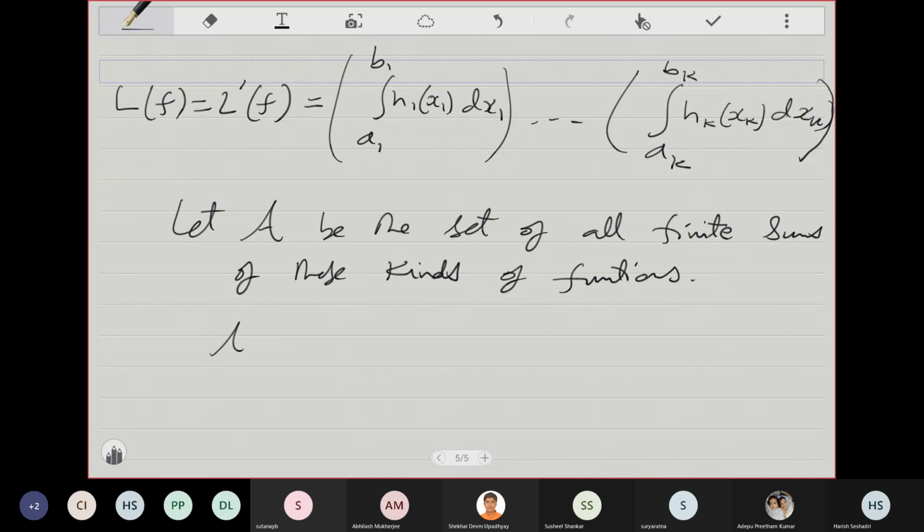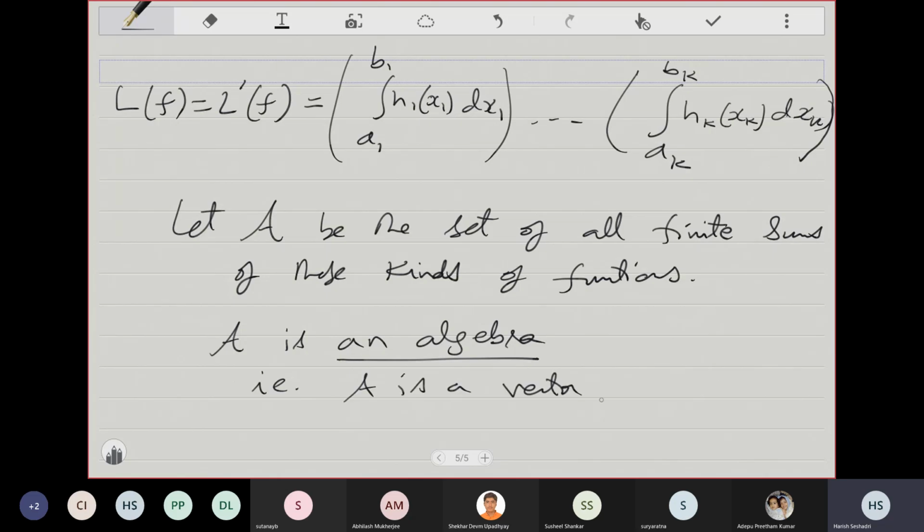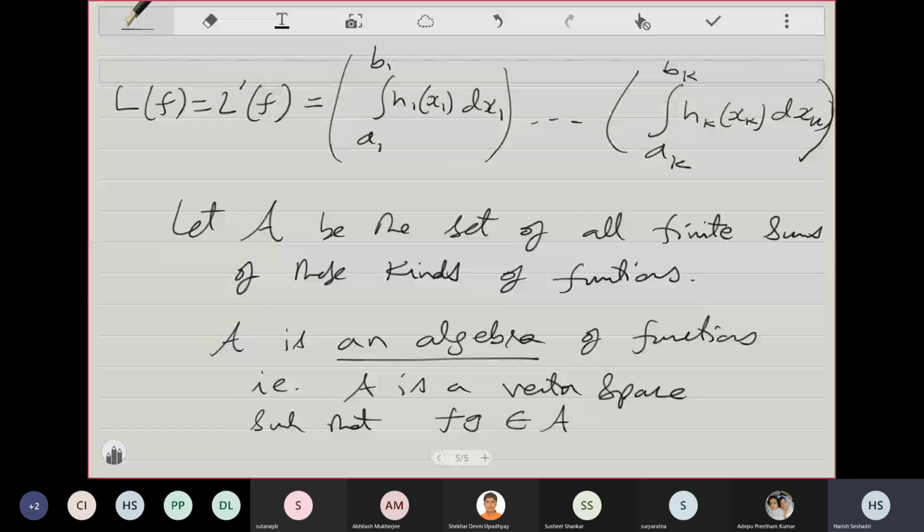Then I said that this script A is an algebra, i.e. A is a vector space, algebra of functions. Vector space, F times G belongs to A if F and G belong to A.